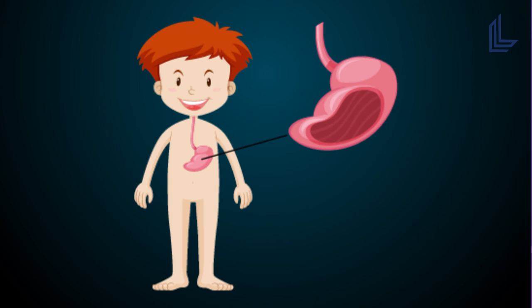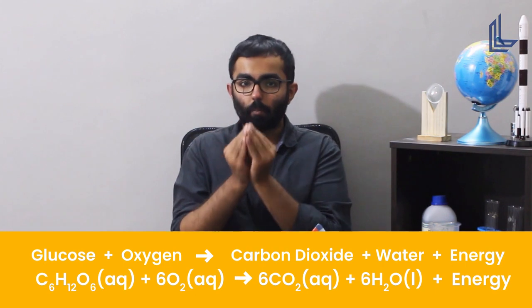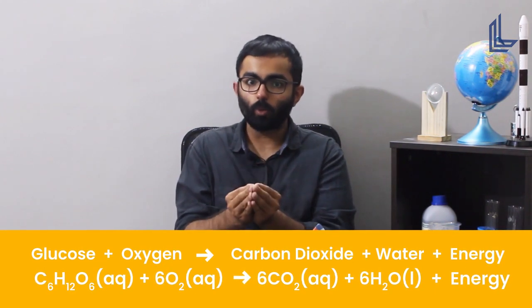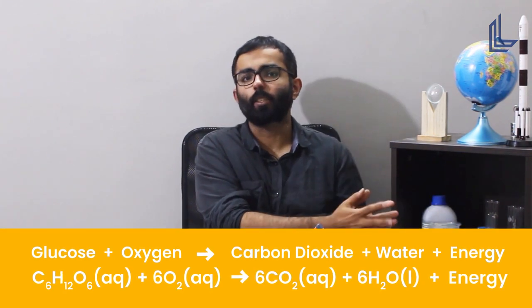Now, what happens when we eat food is that our body breaks down this food into small molecules called glucose. This glucose reacts with oxygen, which is present in our cells in our body, to give us carbon dioxide along with H2O along with energy. So, this reaction will be written as glucose, that is C6H12O6, plus oxygen, that is 6O2, will give us 6CO2 plus 6H2O plus energy.